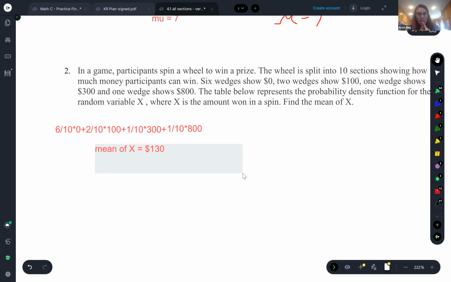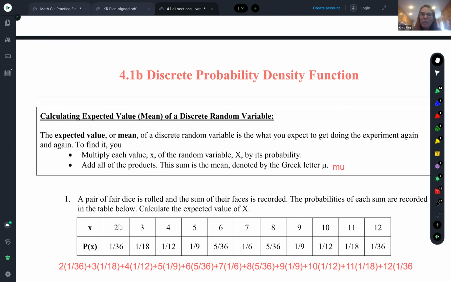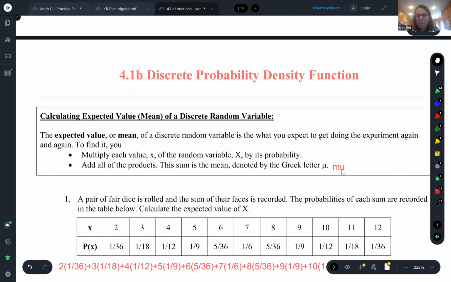So it's probability times whatever we're talking about. In the previous problem, we were talking about the sum of the dice. X was the sum. It was 2, it was 3, it was 4. We multiplied those numbers times the probability.